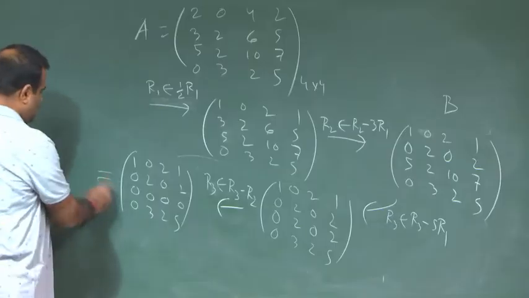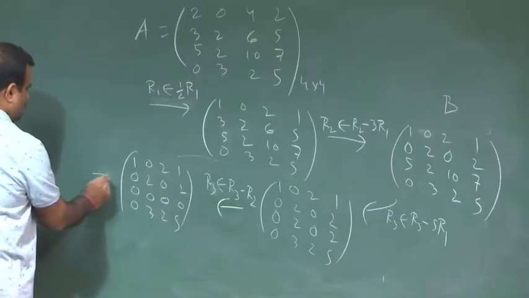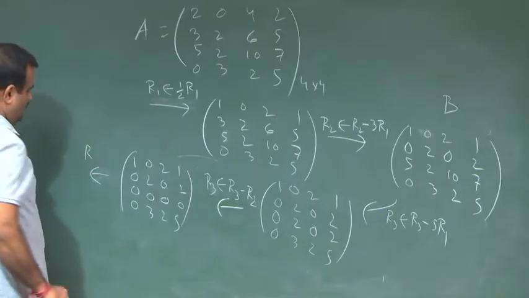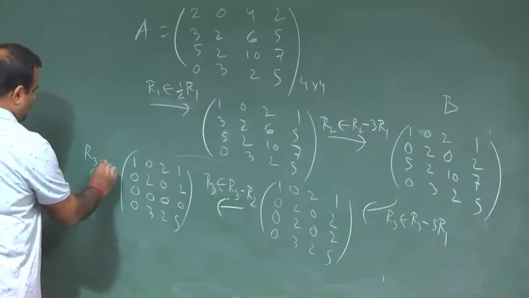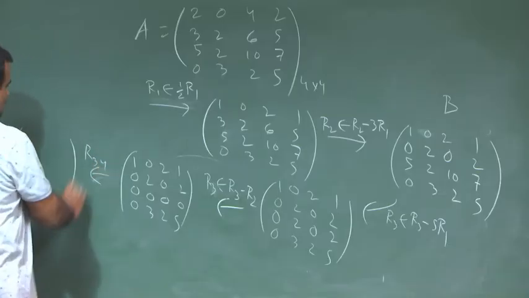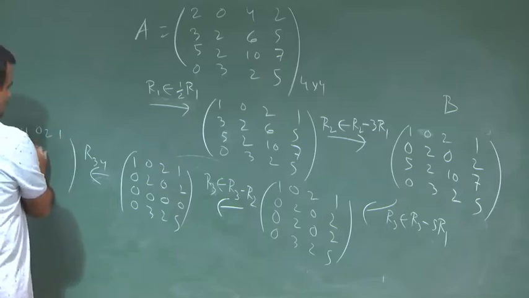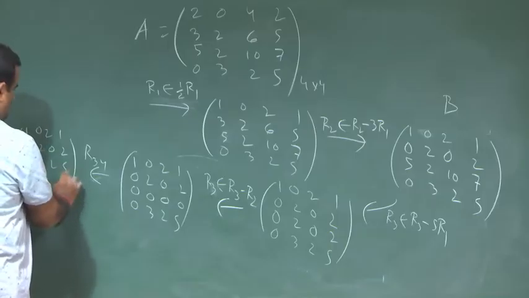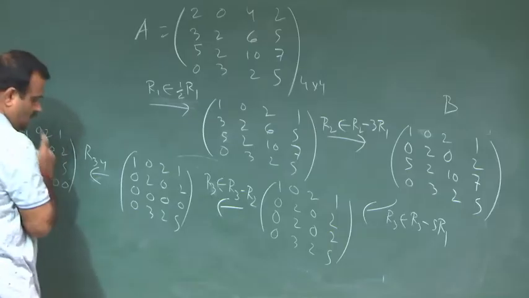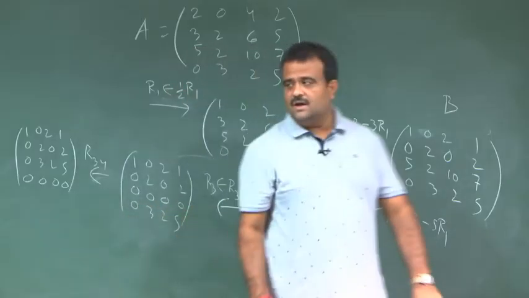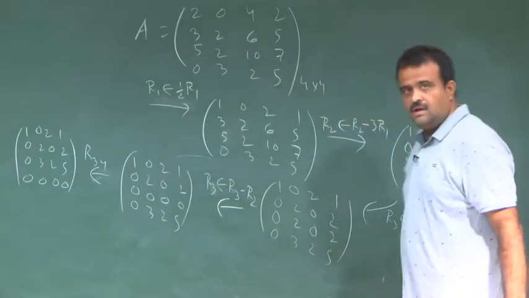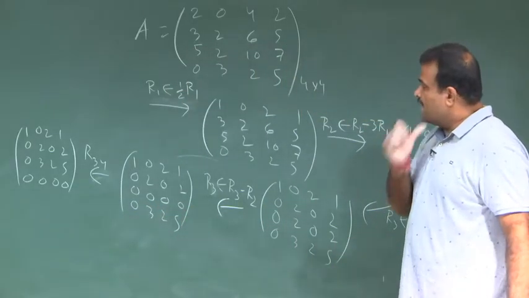So, for that we exchange R 3 and R 4. If you do that we will get 0 0 2 1, then 0 2 0 2, then 2 3 2 5, then 0 0 0 0.